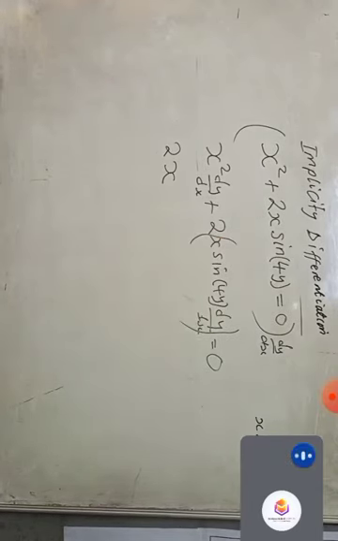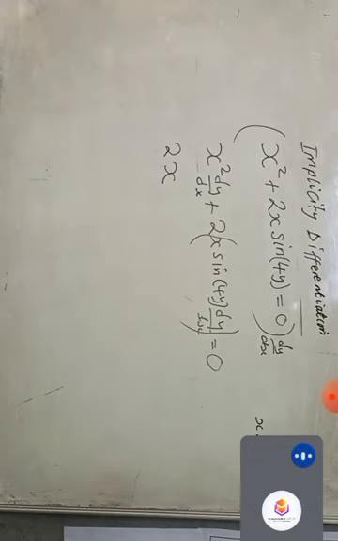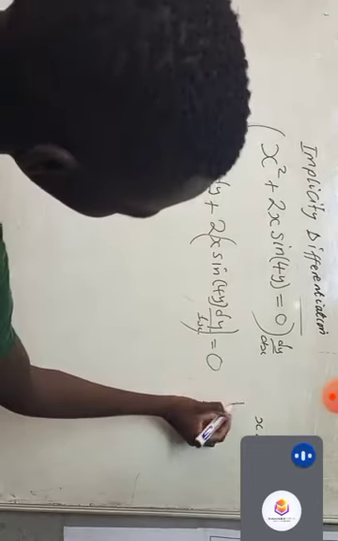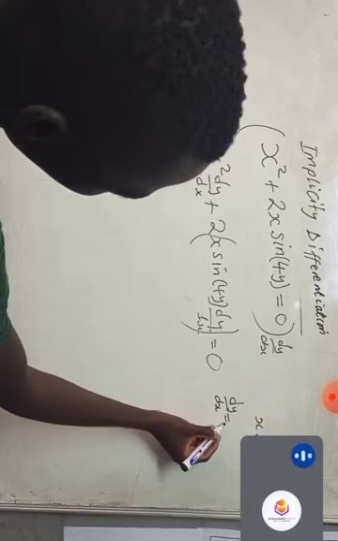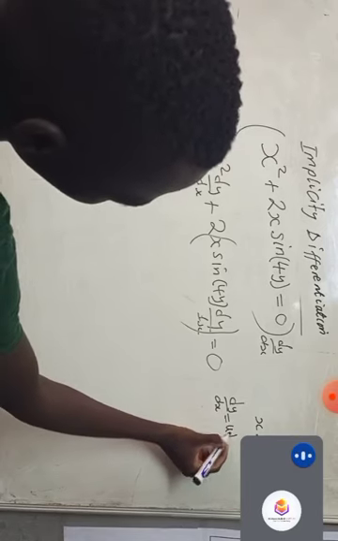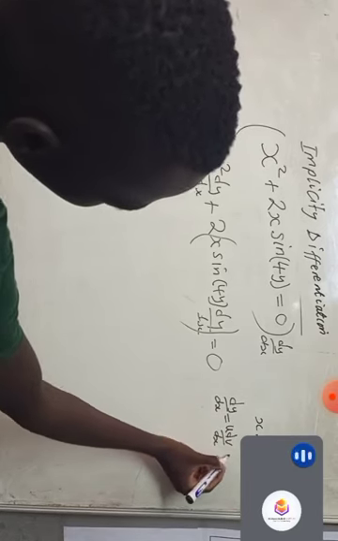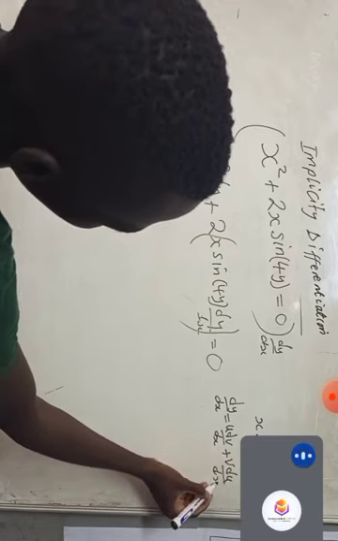Now let's differentiate x sine 4y. Again, you are going to write your formula. This is the product rule: u dv over dx plus v du over dx.